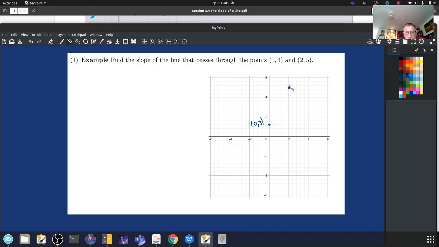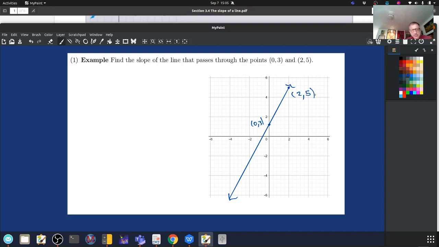So our slope is going to be the slope belonging more or less to this line right here. I just put little arrows at the end that indicates that it goes on forever and ever. And this is the point 2 and 5.